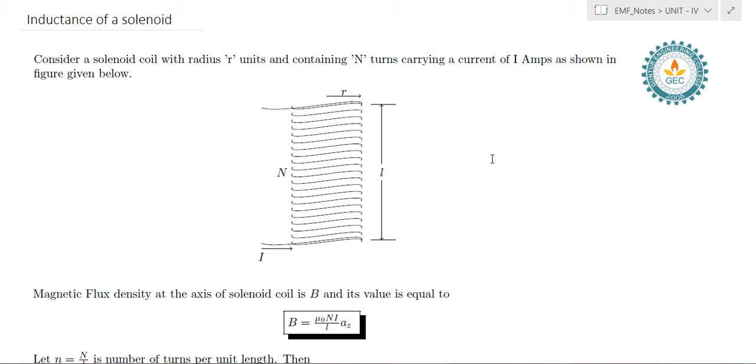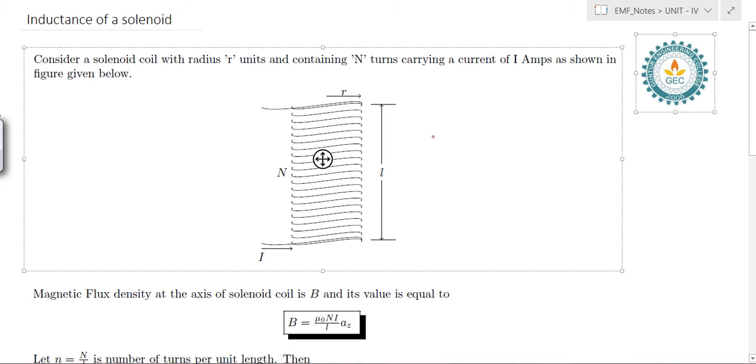So a solenoid is nothing but a conductor that is wound in the form of a circle. That means a solenoid will have a circular cross section.